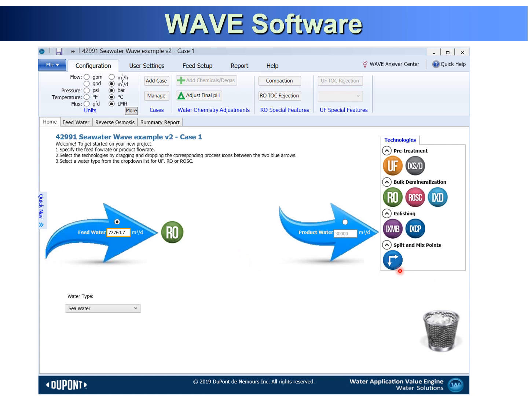In this case, just split your water flow, and then you can design. If you see the more detailed tab, this is the first screen, and if you click here, feed water, reverse osmosis, and summary report can be analyzed from this.